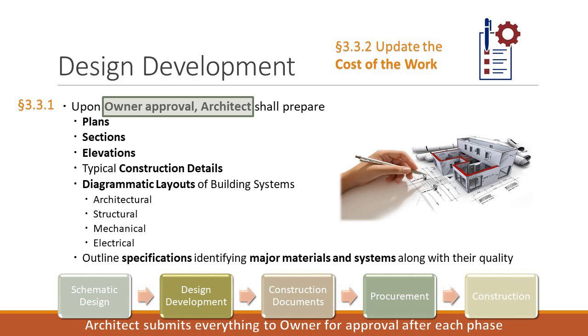And so in that instance, the owner can either approve it and identify or modify its budget. If you remember way back when, it says if there's a change in the initial information, which includes the budget, then the owner shall adjust its own budget. So if it's $1.1 million, the owner has to recognize that their budget has to go up to $1.1 million. Or the owner can say to the architect, no, my budget's still $1 million.